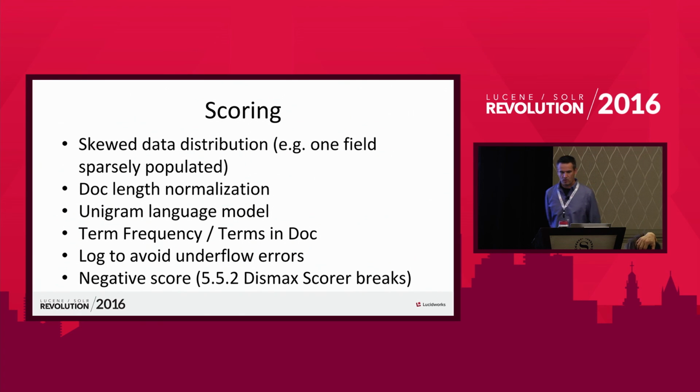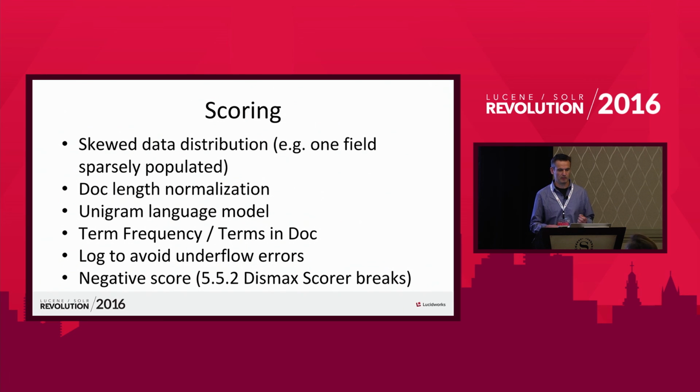The scoring part of the autocomplete is also interesting because you have short fields. You may have some skewed data. Let's say your alias field is only populated sparsely, but if your main language is English, your English field is populated in 100% of documents.